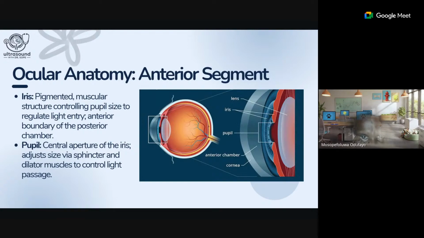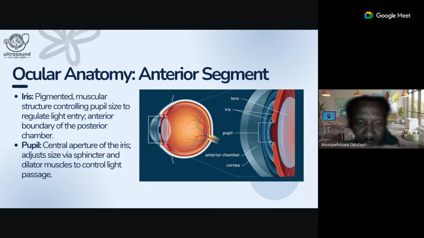It regulates light entry, and it forms the posterior boundary of the anterior chamber, and it also forms what we call the anterior boundary of the posterior chamber. What is the anterior boundary of the posterior chamber? We'll get to know about that in a few.